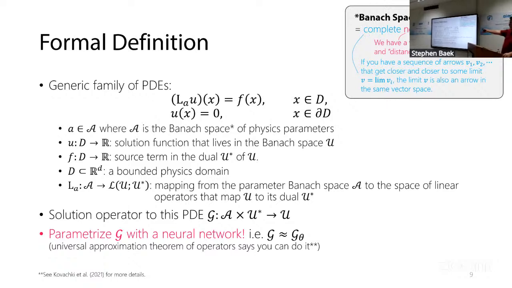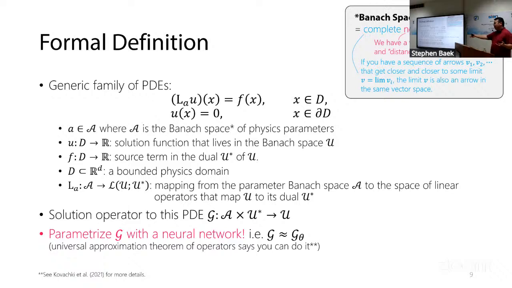It's the same theorem as the one you already saw in Professor Khanna's lecture. It says that if you have a sufficiently large number of neurons, you should be able to approximate any arbitrary operator using that neural network.